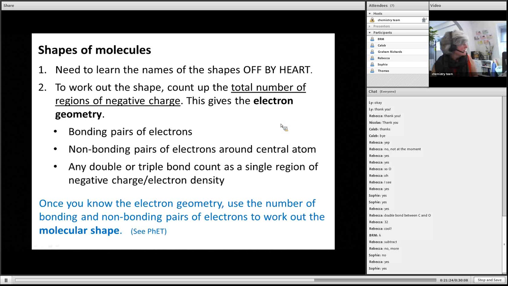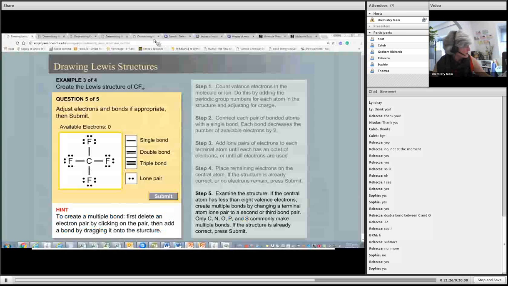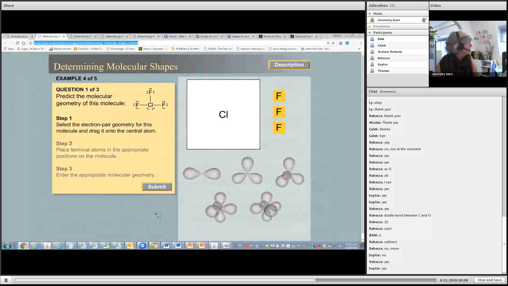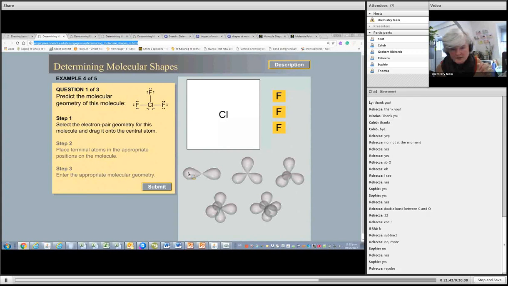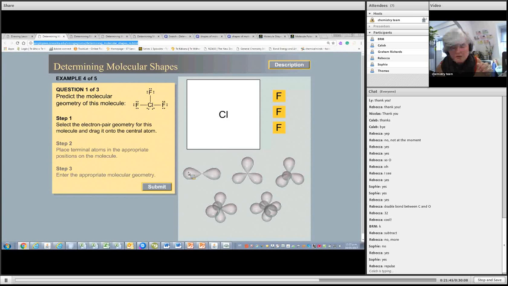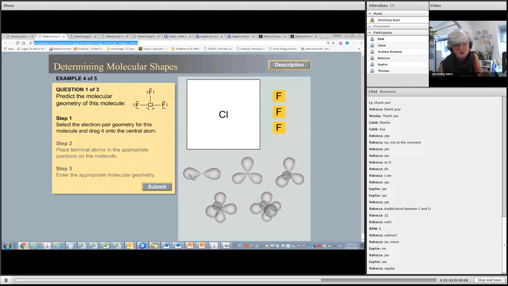Now, if you think of your electron geometry, and I'm going to just skip over here and go to the next one. With your electron geometry, remember electrons are negative, and what do negatives do to each other? They repel. Okay, they repulse each other. So they're going to repel each other as much as possible in all 3 directions, not just linear.